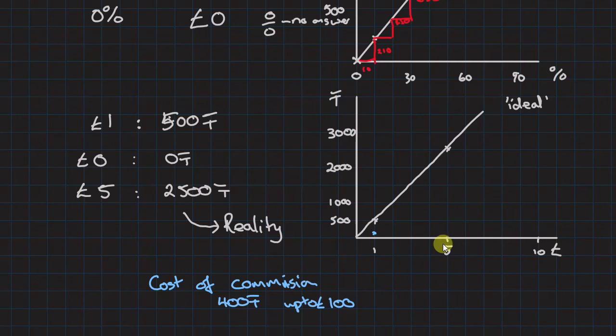If I try changing 5, I get the 2,500, but they're going to charge me 400 tenge to do it. And this graph then actually doesn't go through my origin, the 0, 0. So this is with commission, and that means it is not a direct proportion.